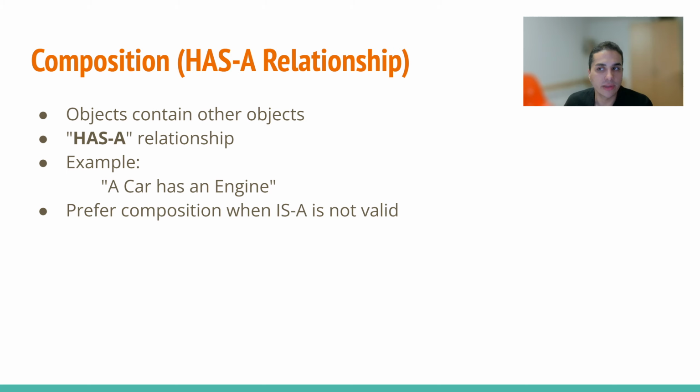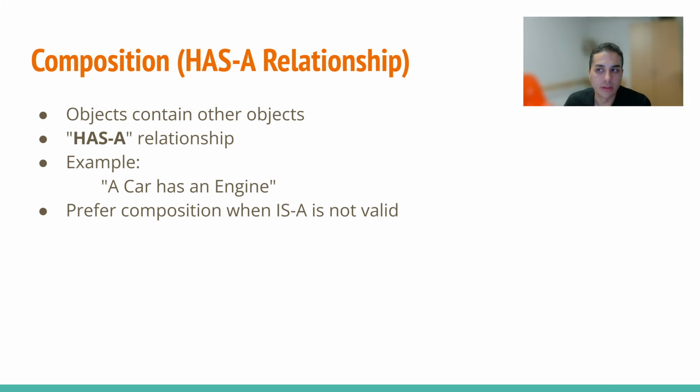And as I said, the has-a relationship is in contrast to is-a. It's called composition, which means an object contains another object as part of its state. For example, a car has an engine.